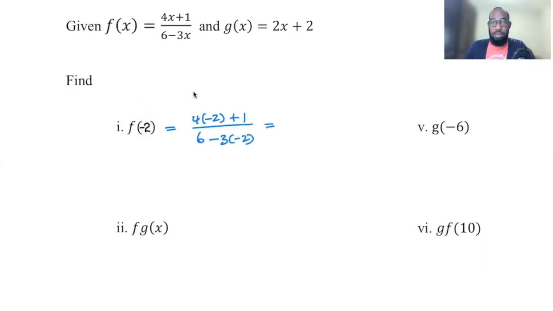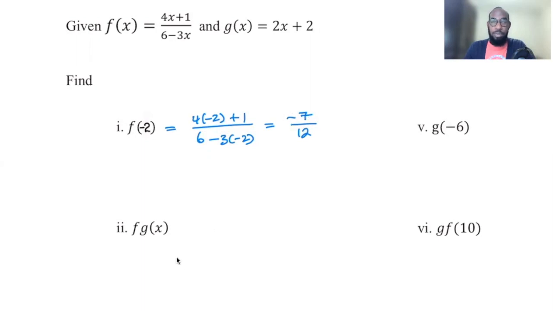So this is 4 by -2 is -8 plus 1, -7 divided by 3 by... 3 2s are 6, 6 plus 6 is 12. So that's the answer for part 1. If you cannot simplify further, just leave it like that.